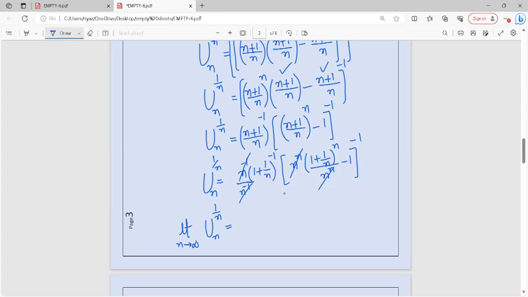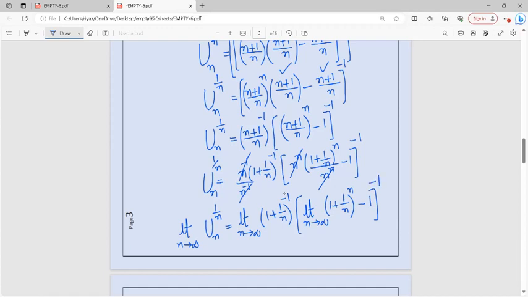Now we'll take the limit here. Limit n tends to infinity of (1 + 1/n) whole to the power of minus 1, into, this limit will go inside also: limit n tends to infinity of (1 + 1/n) whole to the power of n, minus the limit of a constant is the constant itself, whole to the power of minus 1 itself.